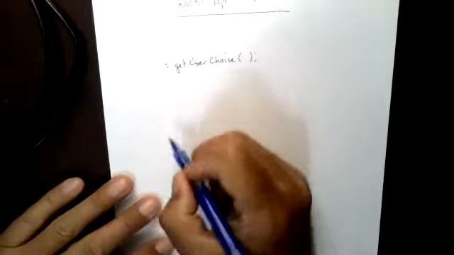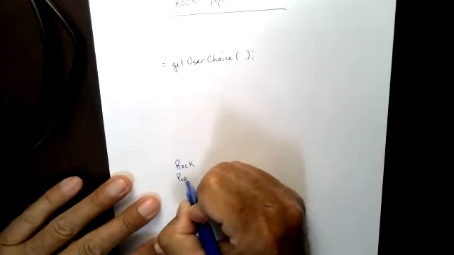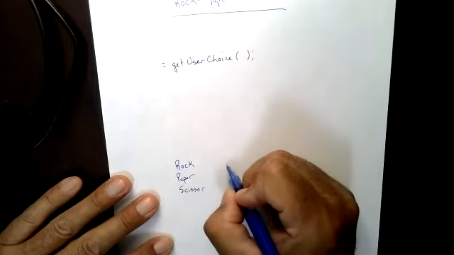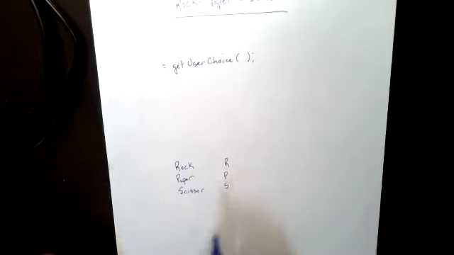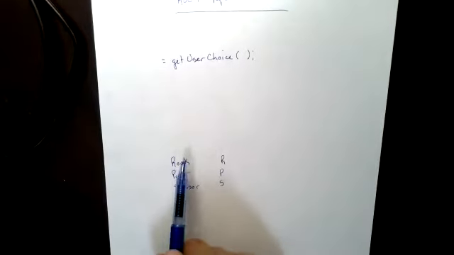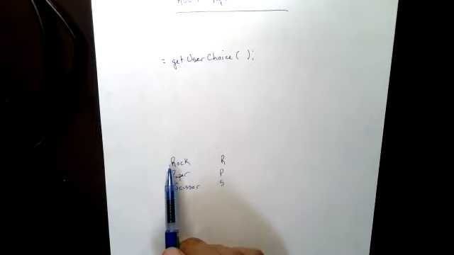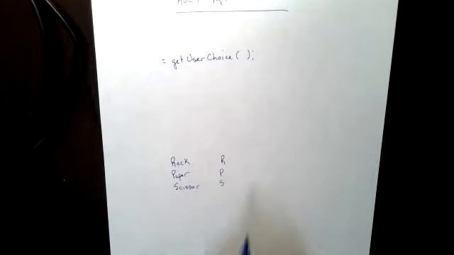So, I'm looking down here in my notes at rock, paper, scissors, and I hear a character, so I'm thinking R, P, and S. Are you going to have the user type in rock, and then you're just going to do a charAt? Are you going to have the user type in R for rock, P for paper, S for scissors? Okay, so that's one choice.